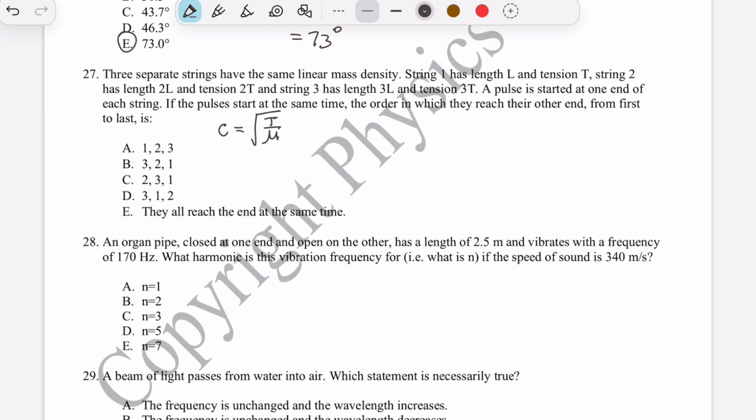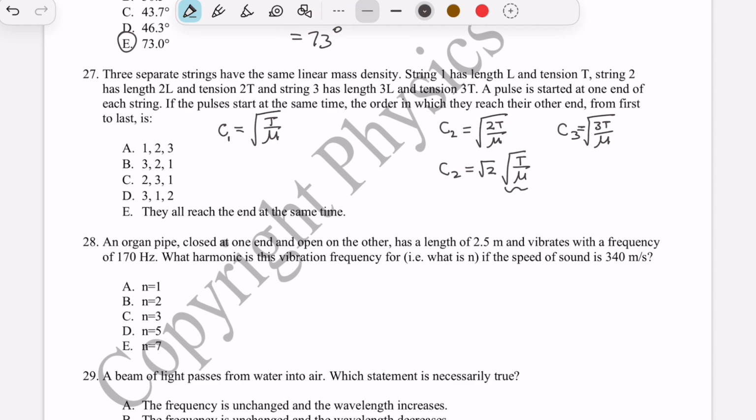So string 1 has tension of T, so I'll call this C1. C2 is root 2T over mu, and C3 is root 3T over mu. So let's find out how much this changes C. So this is just root 2 times root T over mu, right?